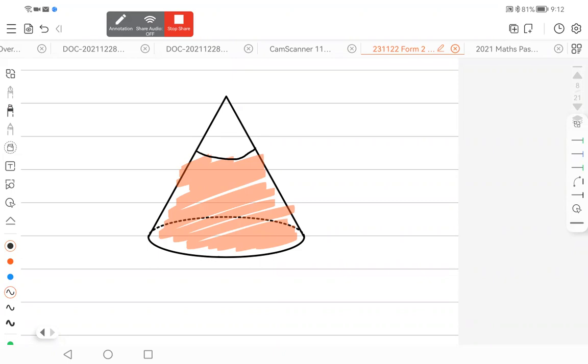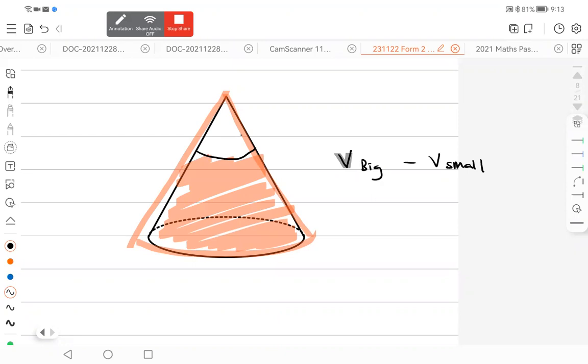The not shaded one is a small cone, right? So I will say volume of the big cone. You know the formula to find the cone, right? 1/3 pi r squared h, minus the volume of the small cone, the not shaded one.